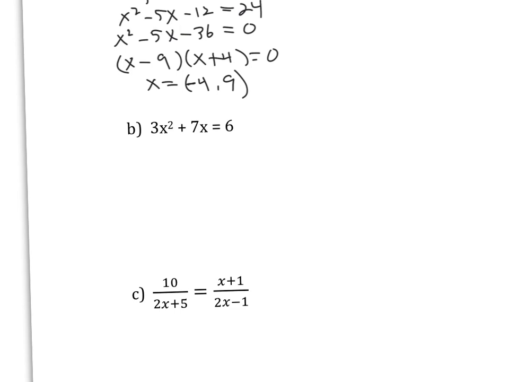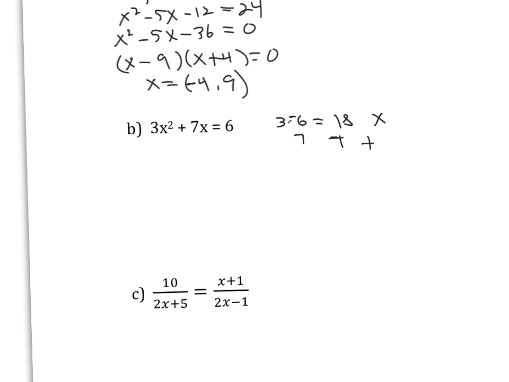Okay, so we're going to factor again for the next one, but we have a lead coefficient of 3. So we're going to look for two numbers that multiply to 3 times 6 equals 18. So multiply to that and then add up to 7. I'm sorry, this is going to end up being a negative 6 here.